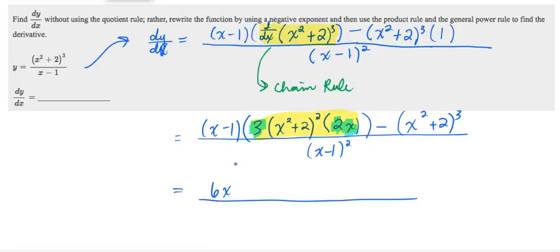Then I've got this (x minus 1) to the first power, and (x squared plus 2) all squared, minus (x squared plus 2) all cubed, all over (x minus 1) all squared. That's probably not a bad way to enter it, really.